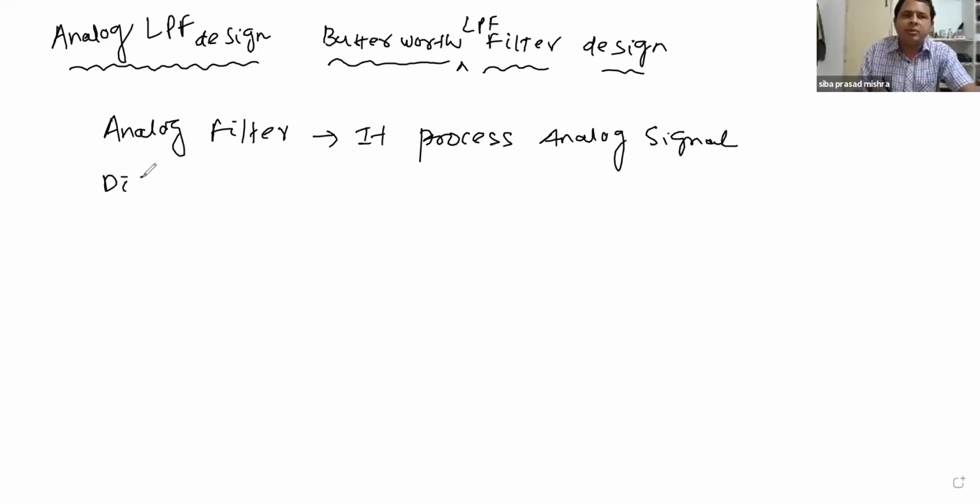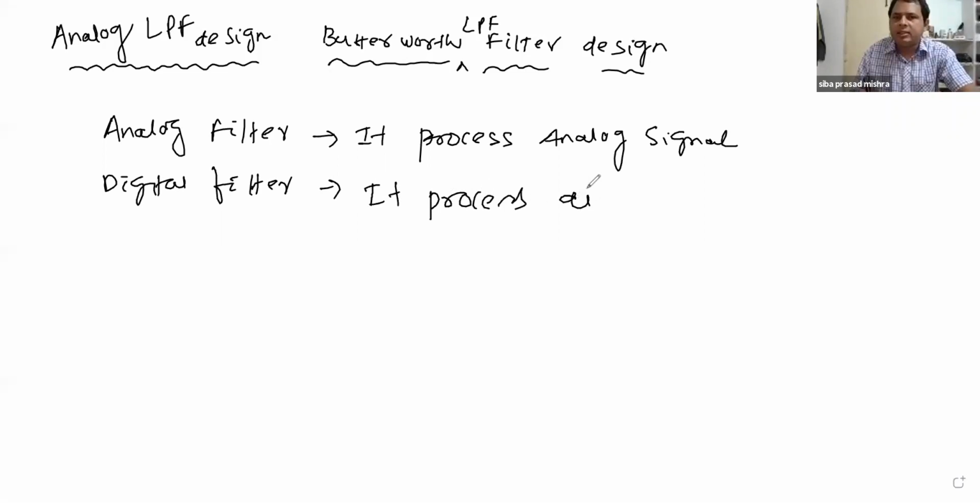A digital filter processes digital signals, which means the input is a digital signal and the output is also a digital signal. These are the simple differences between an analog filter and a digital filter. The analog filter is a system that processes the analog signal, and the digital filter is also a system that processes only the digital signal.